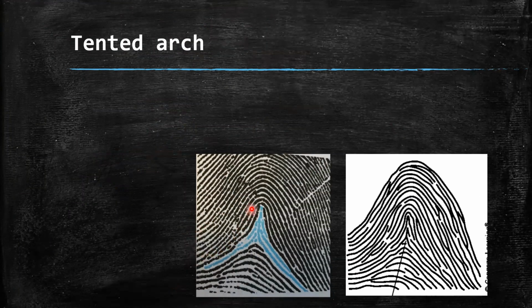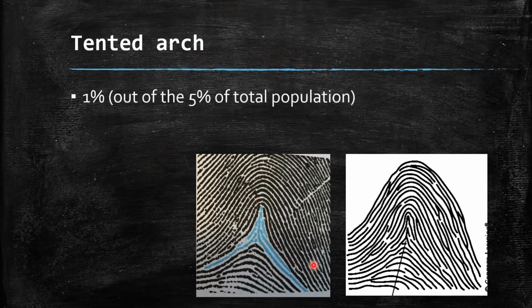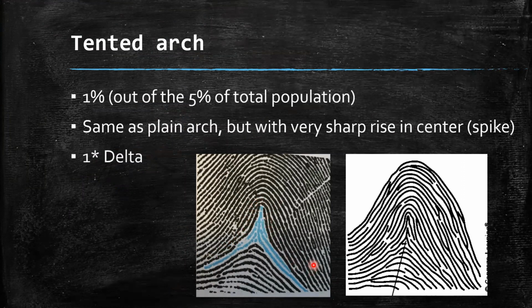It enters one side and exits the other side, except it's much steeper. So you can see this steepness has increased in the arch. Because of that, you may have one delta, so like right here, you may have a delta, but sometimes you don't. Depends on how steep the arch is. Still no core. So it's just a much steeper arch. So those are the two types of arches.